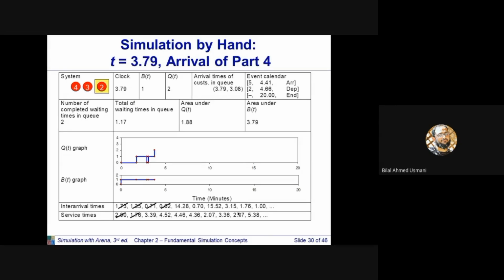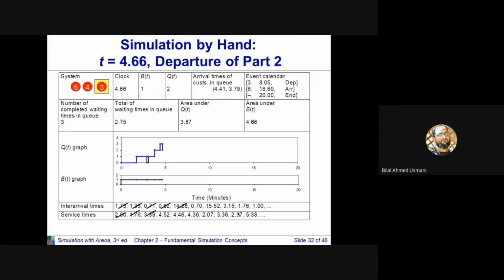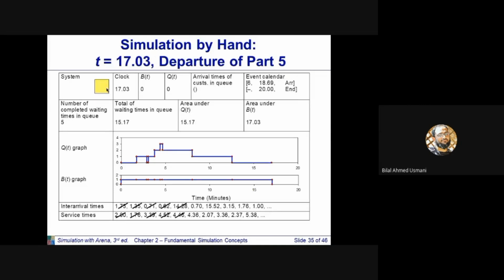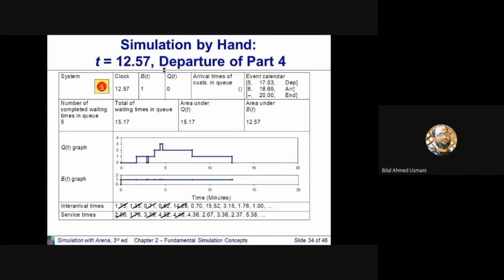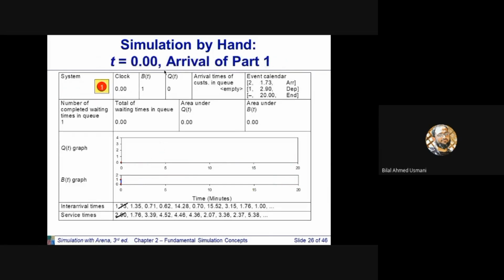The system looks at part number 2, then part number 3, 4, 5, 6, and then part number 7, and it won't service part number 7 because T reaches 20. At 20 minutes or 20 seconds, whatever the unit was, we need to stop the simulation. We can run it again and again and take really good information out of it.